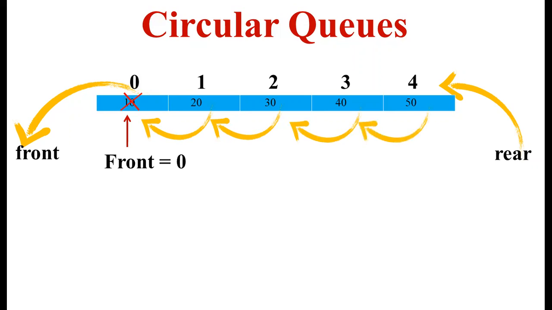Then the rear will be moved towards the left by one position. This is what generally happens in the queue. After every deletion, shifting these values consumes so much time. So to avoid this problem, they introduced the concept of circular queues.